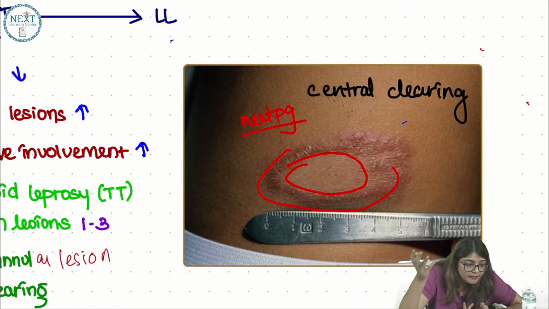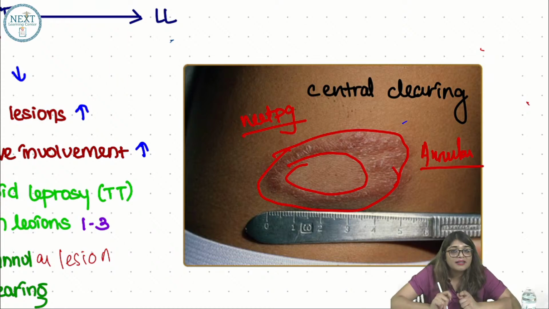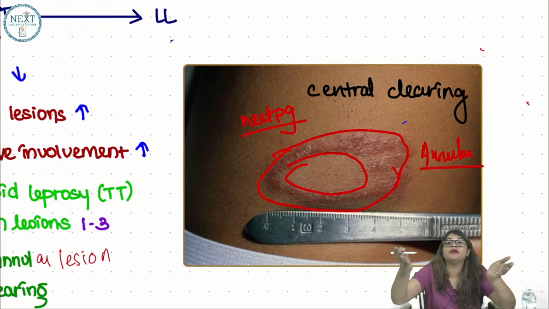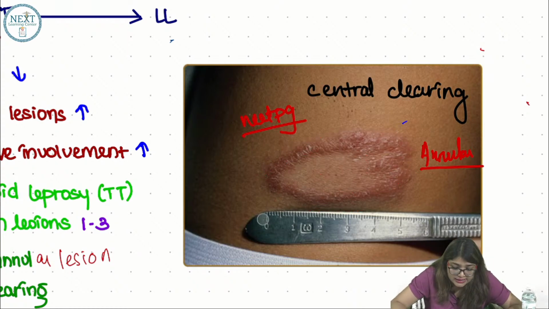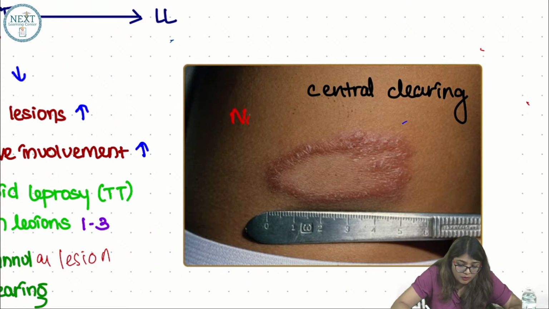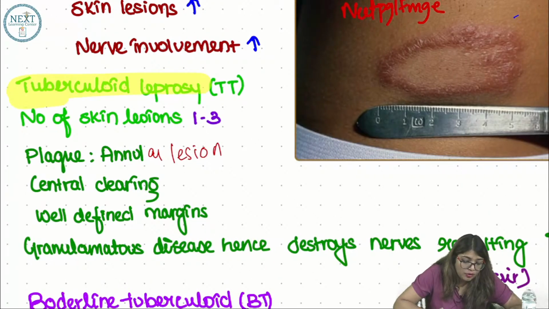So I'm doing it, right? So this is your annular lesion, with central clearing and raised border, raised periphery. This is known as annular lesion. It is seen in tuberculoid leprosy.